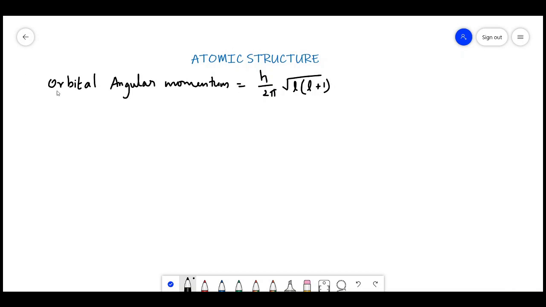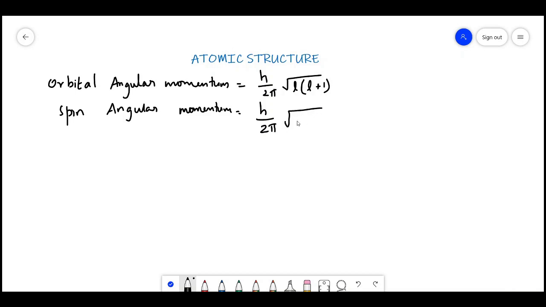And if it is asked to find spin angular momentum, then it is the same formula. Instead of L, write S: h by 2 pi under root of S into S plus 1.